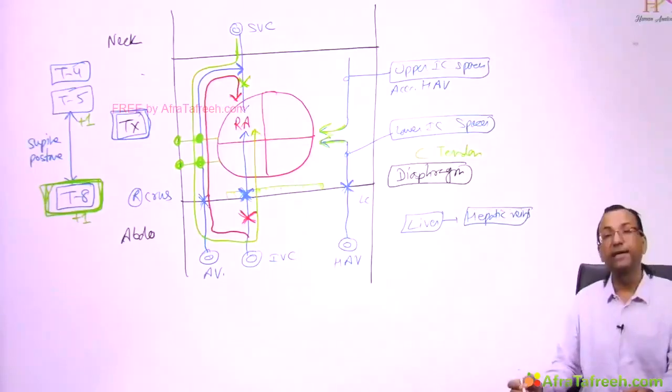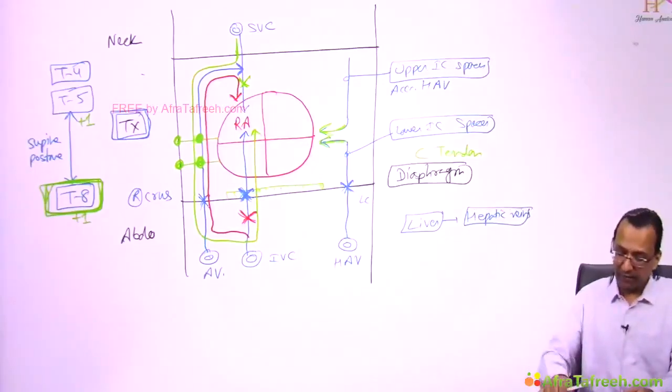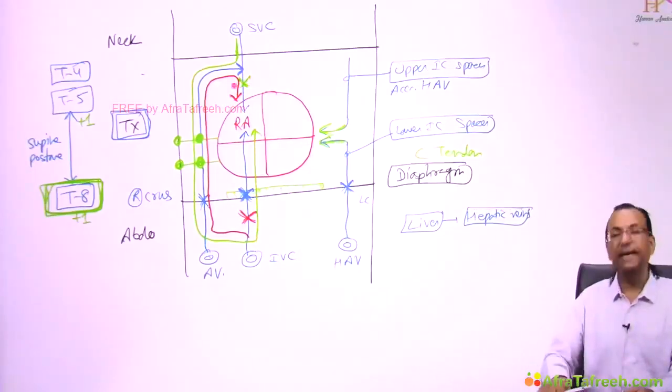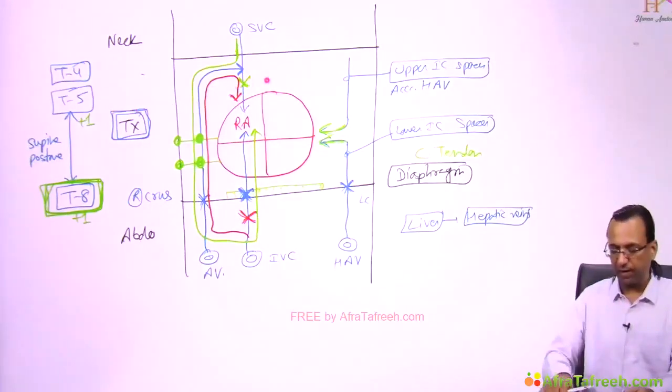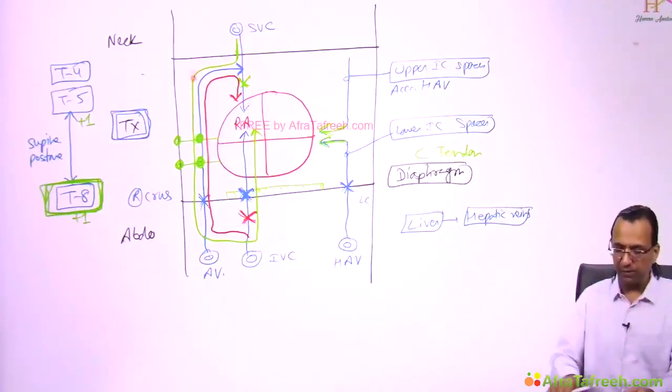How will it drain into the right atrium then? The superior vena cava sends the blood into the azygous vein, and the azygous vein sends it to the inferior vena cava and into the right atrium.